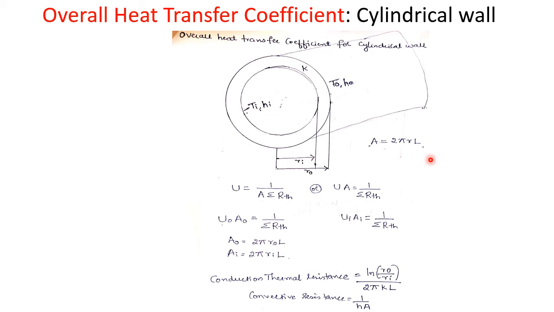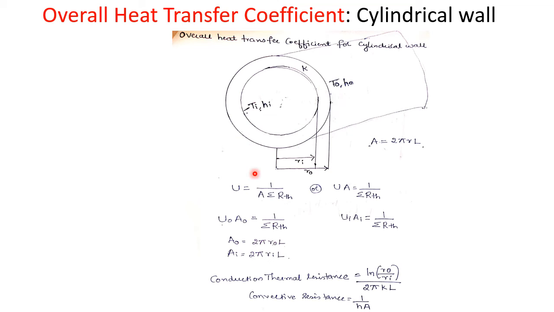So therefore, while dealing with cylindrical systems, we have to specify which area this overall heat transfer coefficient is based on, whether the inner surface area of the cylinder or the outer surface area of the cylinder. First we have to specify it.